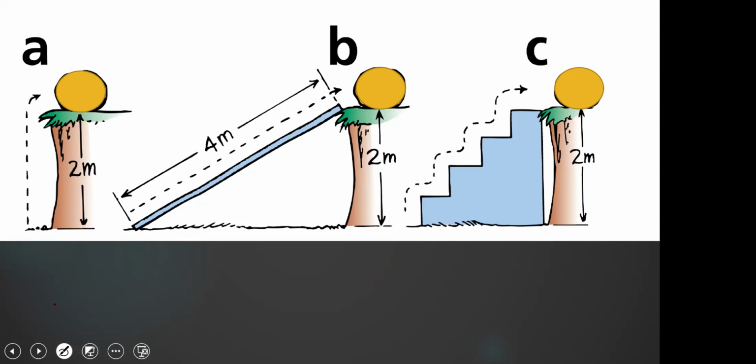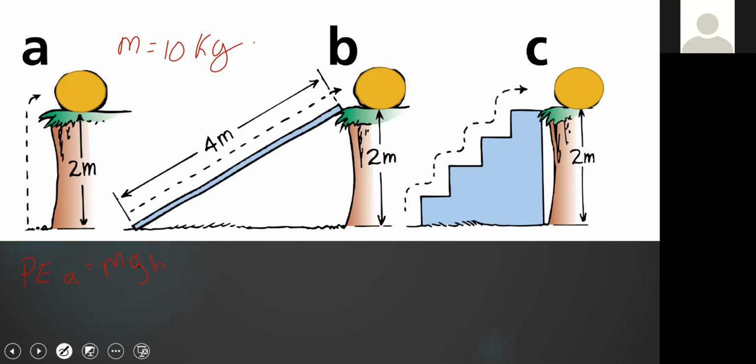Now let's find the potential energy at point A. Imagine the mass is 10 kilograms. We have to say mgh. M is 10 and g is 10.